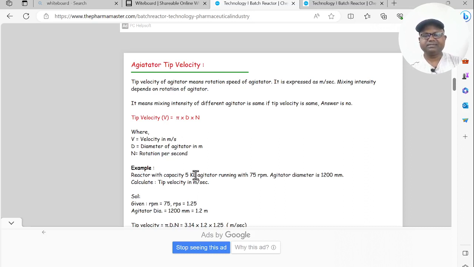A reactor with capacity 5 kL, and the agitator is running at 75 rpm. The agitator sweep diameter is 1.2 meter, and in this case we have to calculate the tip velocity.